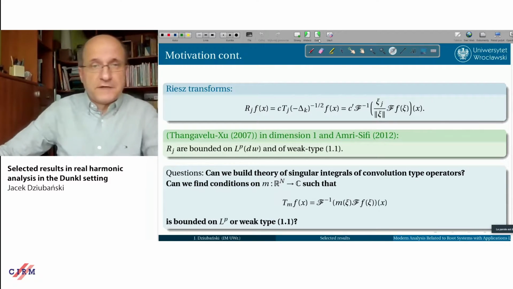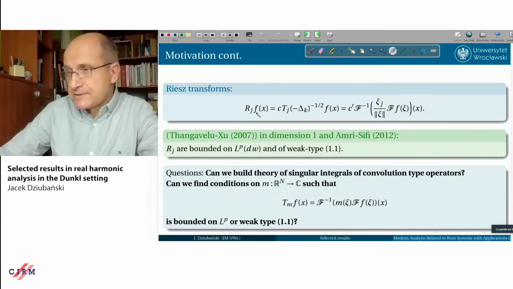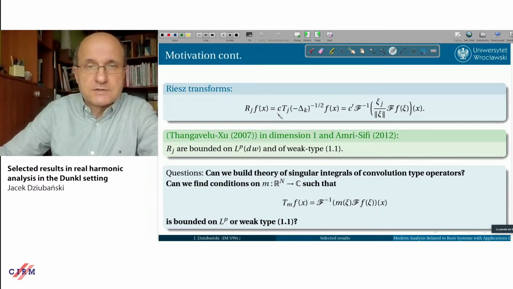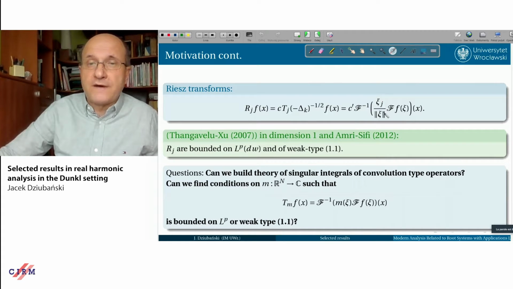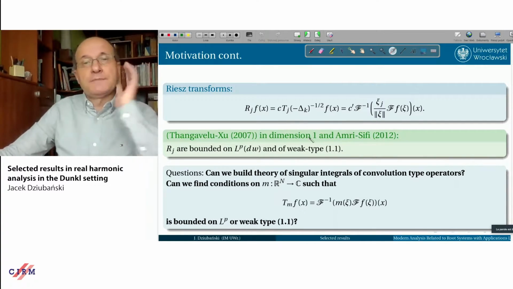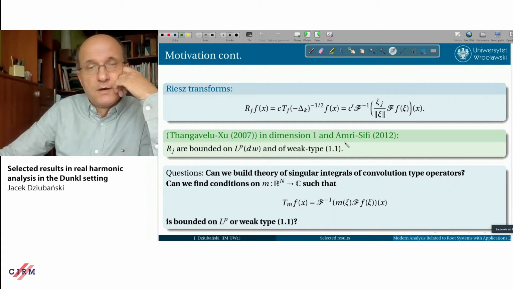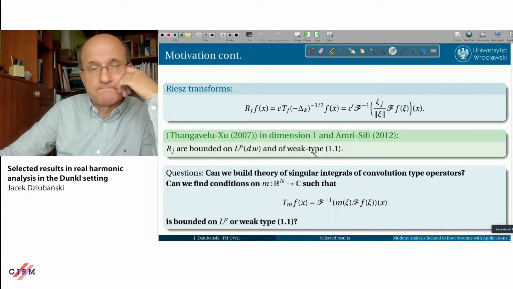Now, the second motivation. We may define Riesz transforms in the Dunkl setting. These are compositions of the negative square root of the Dunkl Laplacian with the Dunkl operators, or in other words, multiplier operators with the multiplier xi_j over the length of xi. Thangavelu and Xu in one dimension, and Amri and Sifi for general root systems, proved that the Riesz transform is a bounded operator on L^p and of weak type 1,1.